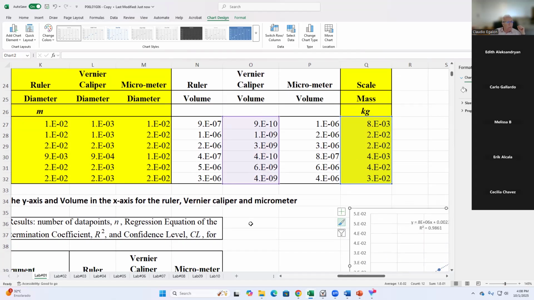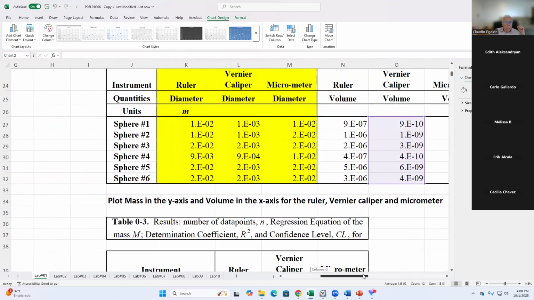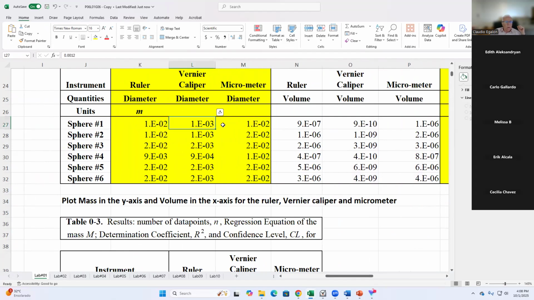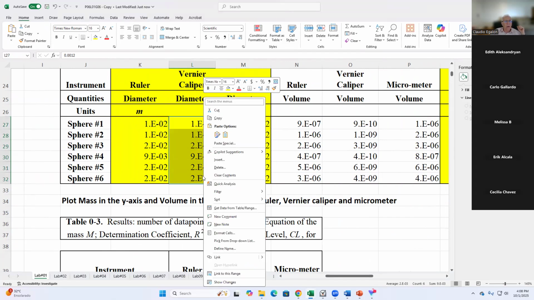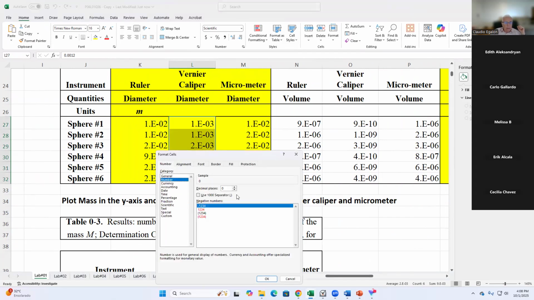8 grams, the diameter. That's telling me that's 1 millimeter diameter. Yeah, those measurements are not correct. See, definitely those measurements are not correct. So format cell. Okay. Yeah, definitely something happened to the measurements here.